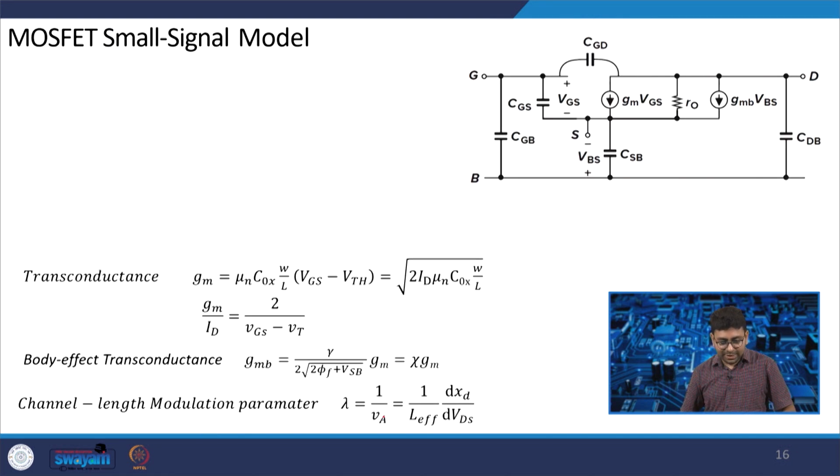small signal analysis. If you have biased your transistor in the saturation region, in MOSFET in saturation region, then this is what the small signal model will look like. However, this is considered a capacitor. If you are not considering the capacitor, then mostly this is a widely used model.